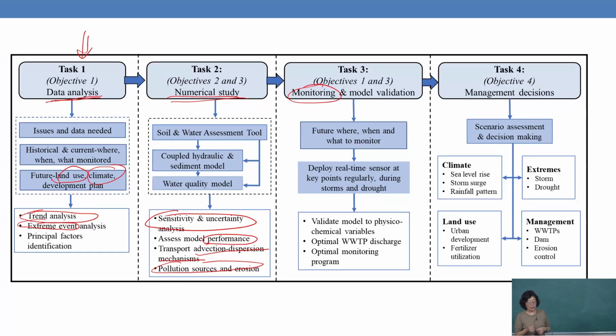So satellite images, and we use a drone to fly with a high resolution camera also used. All those different types of techniques we are trying to use to help us, not only monitor the quality of the water, but again also help us to validate the model. So that's the whole project, what we are trying to do.